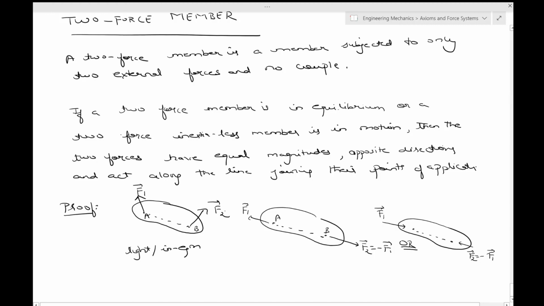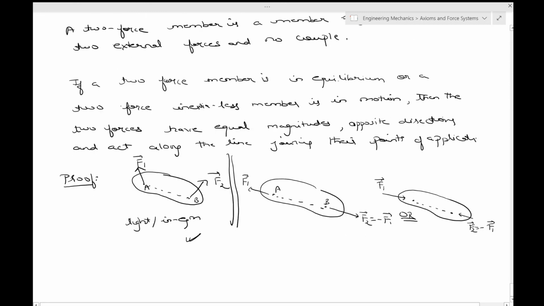So let's consider this first part now. It's all either light or in equilibrium. So let's try to prove this. The moment M_A about any arbitrary point, but since we want to cancel the contribution due to one of them, we'll take it about this point A, will be equal to the vector AB cross F2. This is equal to 0, and this is there because there is no couple. It's a two-force member, a member subjected to only two external forces and no couple.